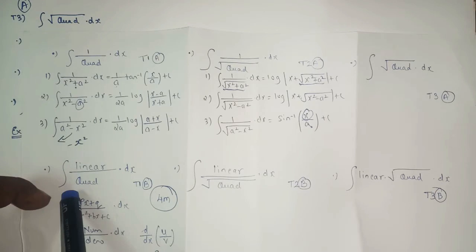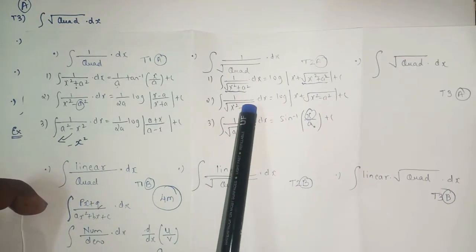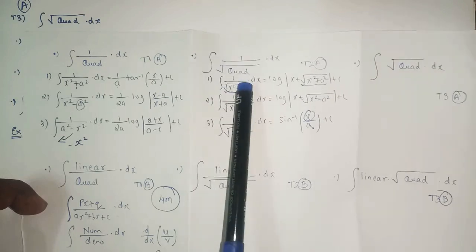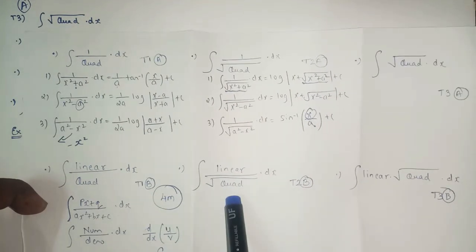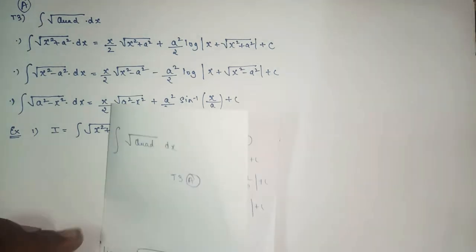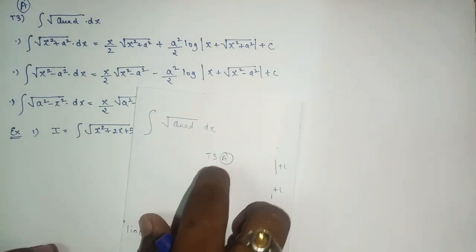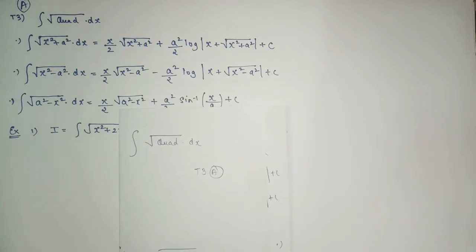Type number 1b also, linear upon quadratic. Type number 2a also, that is integral 1 upon root quadratic. Type number 2b also, linear upon root quadratic. And today we're going to see type number 3a, which is in the form of integral root quadratic.